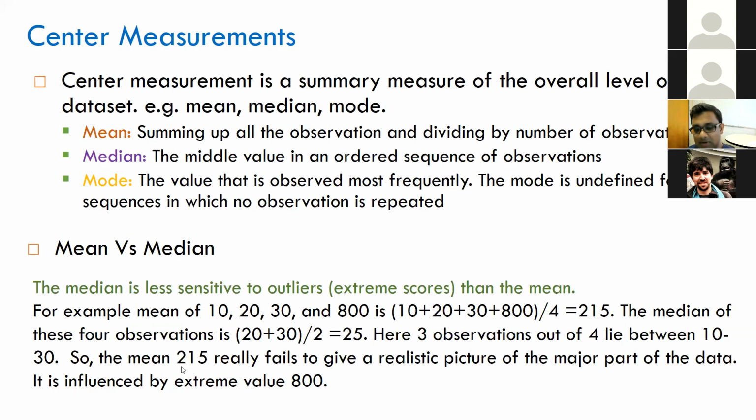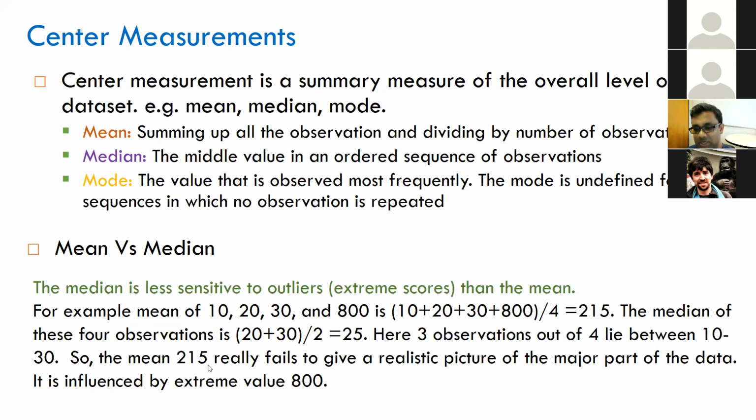What do you see from here? You have a huge outlier here. So the outlier influences your mean value dramatically, right?